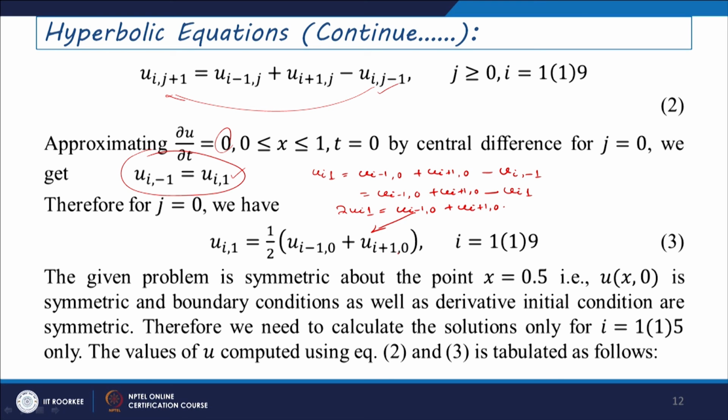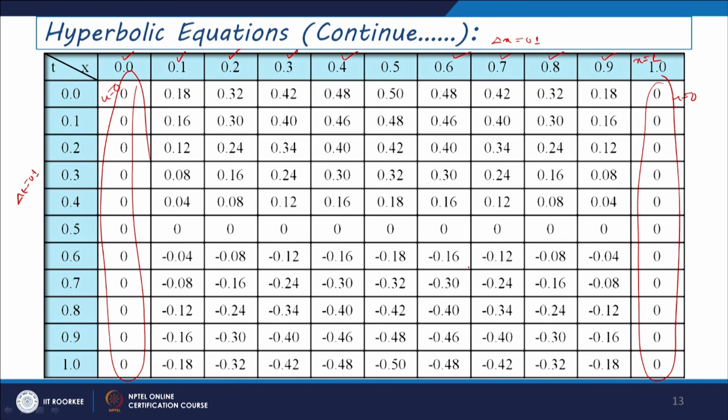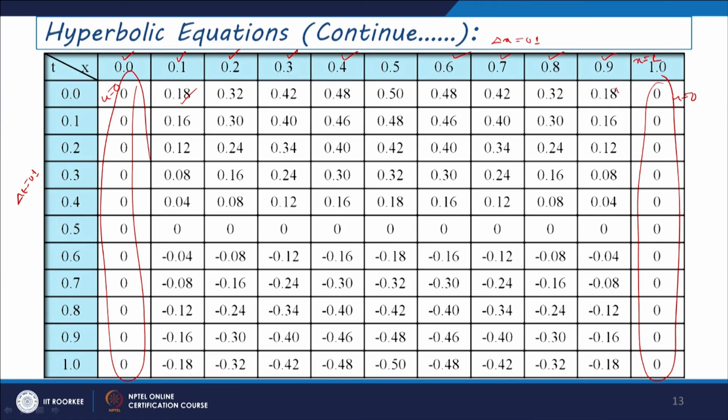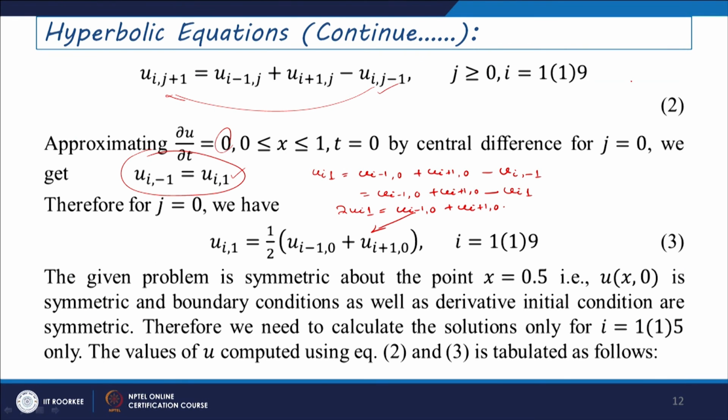So if we consider this first value as u 0 0 plus u 2 0 by 2, that is nothing but 0.18 here, and similarly we get this 0.9 value, that is 0.18 there, and we can proceed in the same form, that is I will vary from 1, 2, 3, 4, 5, 6 sorry, up to 5. If you go on, then for all points we can get these values there itself.